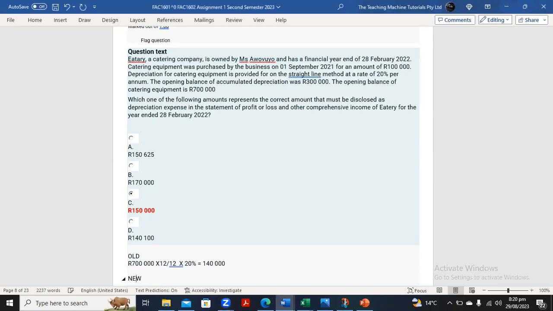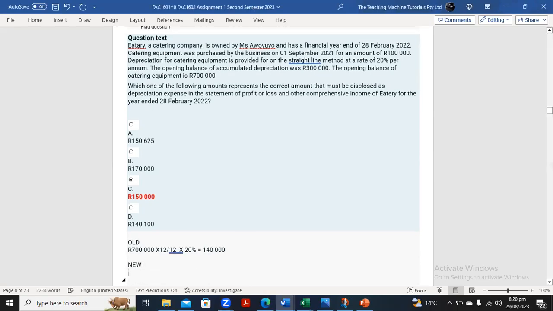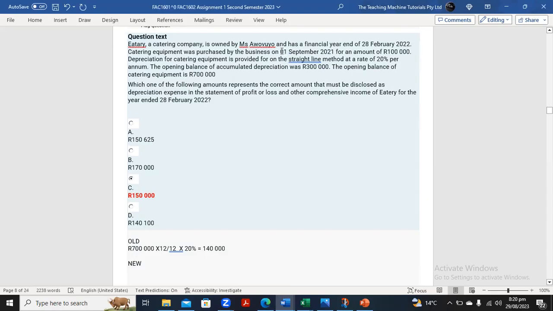What about the new one? The new one is 9 months old. You count from September until 28 February, it's 9 months. So you say 100,000 times 9 months, divide by 12, times 20%.